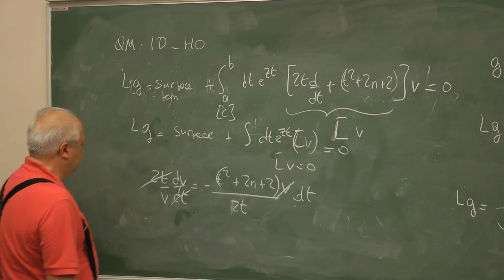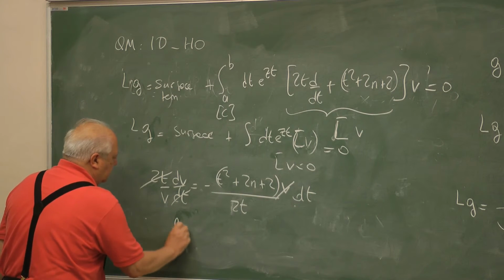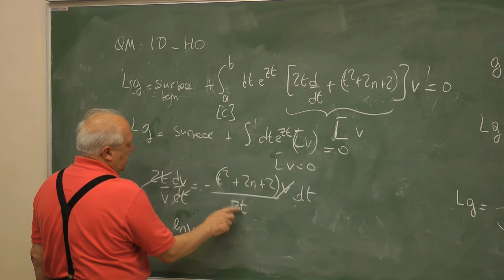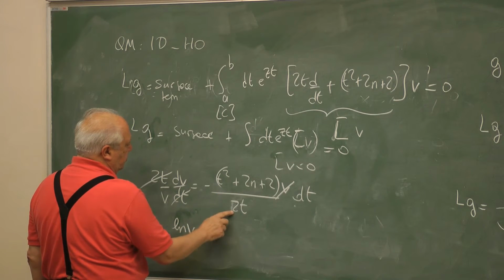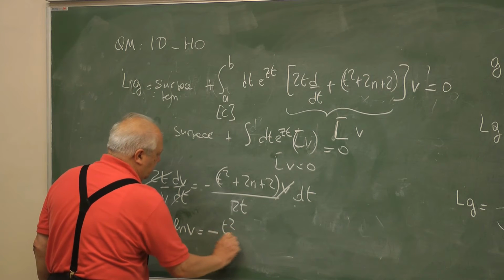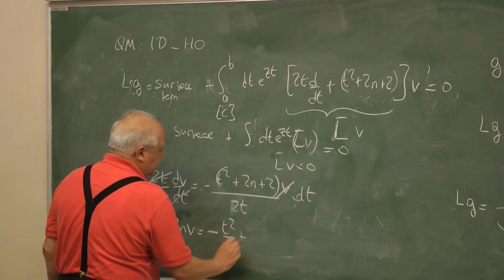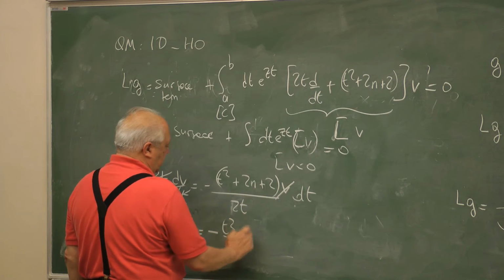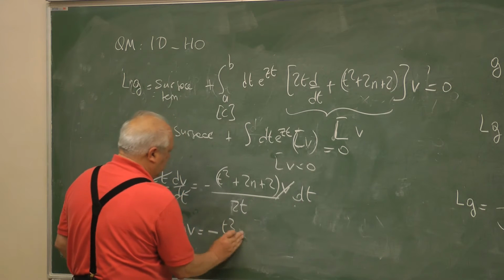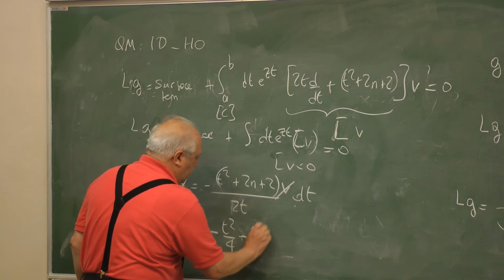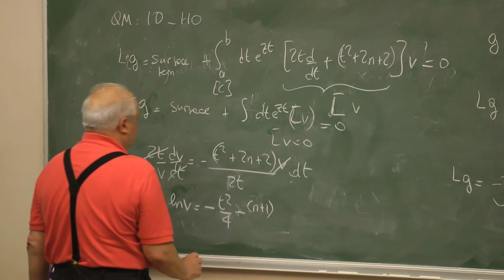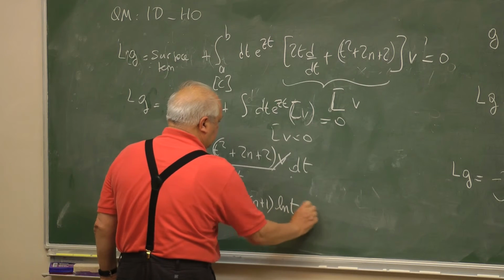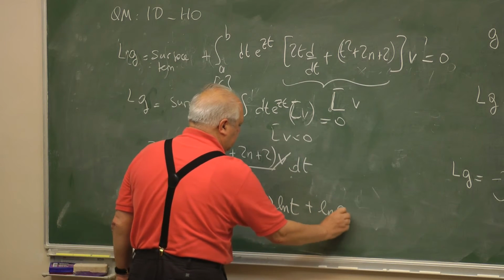So if we integrate, log v equals minus t²/4, plus minus (n+1) log t, plus a constant, which we don't care about.